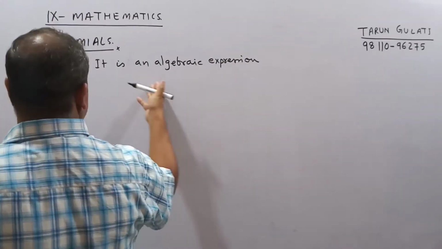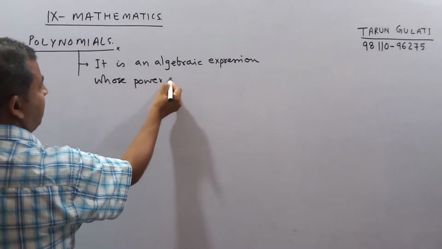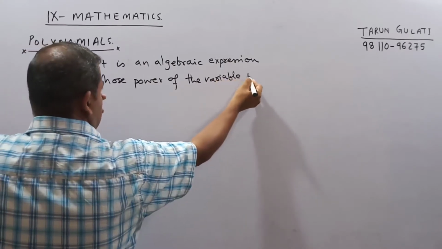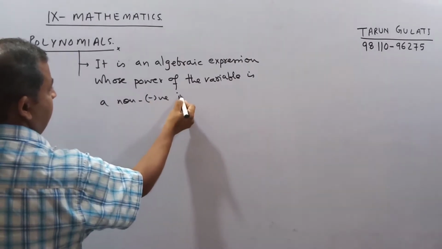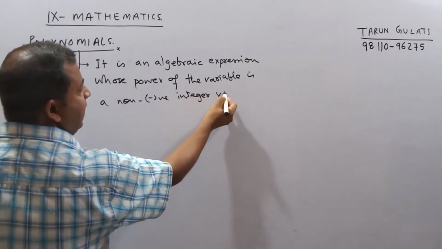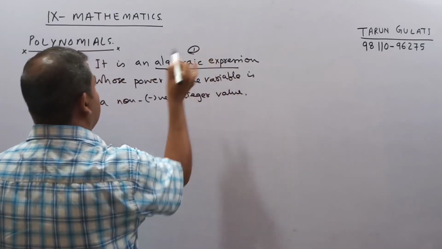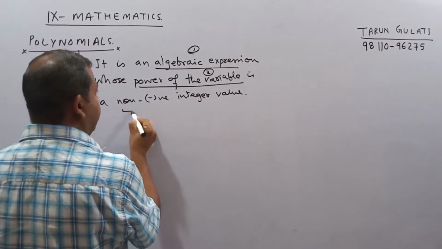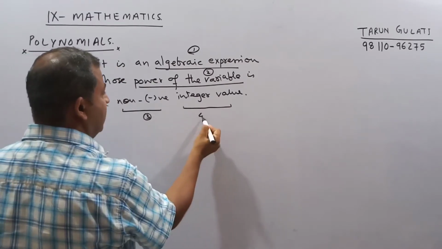Polynomial means it is an algebraic expression whose power of the variable is a non-negative integer value. Algebraic expression is the first step. Power of the variable is the second step. Non-negative integer value is the third.